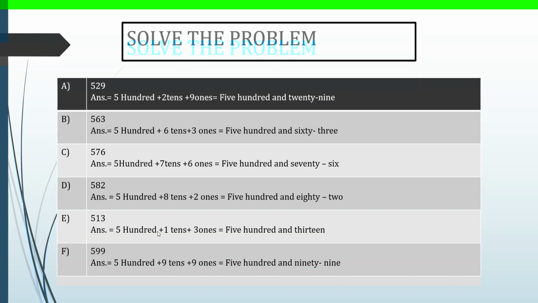Next, 513: 500 plus 1 ten plus 3 ones is equal to 513. Next, 599: 500 plus 9 tens plus 9 ones is equal to 599. Yes, very good students.